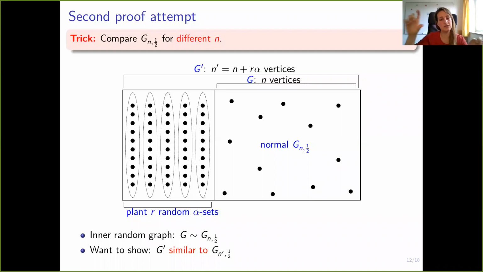So I'm going to pick some random vertex sets of size alpha and condition on these alpha sets being independent. And then I take every other edge independently with probability 1/2. And so the first step is I want to now show that if r is not too large, this construction I end up with is very similar still to a G(n', 1/2).